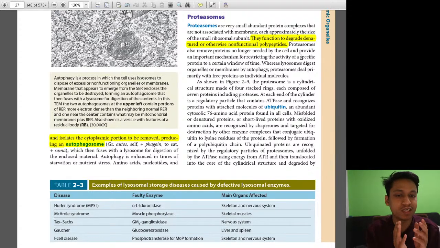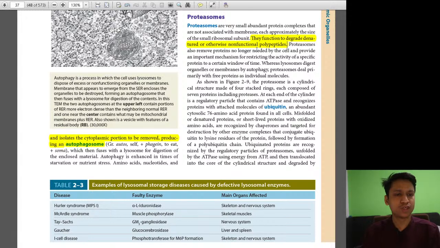We need to differentiate very specifically that both lysosomes and proteasomes are responsible for degradation, but lysosome digests material accepted from outside, and autophagy is the phenomenon where it degrades all the organelles and cytoplasmic content of the cell, eventually causing cell death. But proteasomes will never cause cell death. Only the non-functional proteins, the non-functional polypeptides, are degraded.